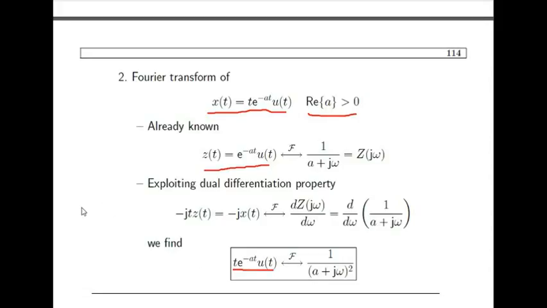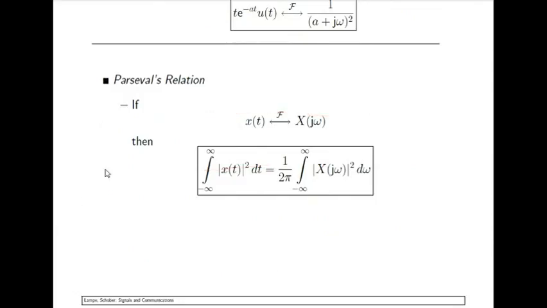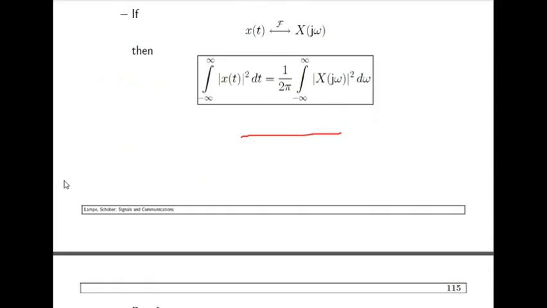Now let's see Parseval's relation. If x(t) has Fourier transform X(jω), then its energy over the infinite period, or total energy, will be 1/2π ∫ from minus infinity to infinity of |X(jω)|² dω.